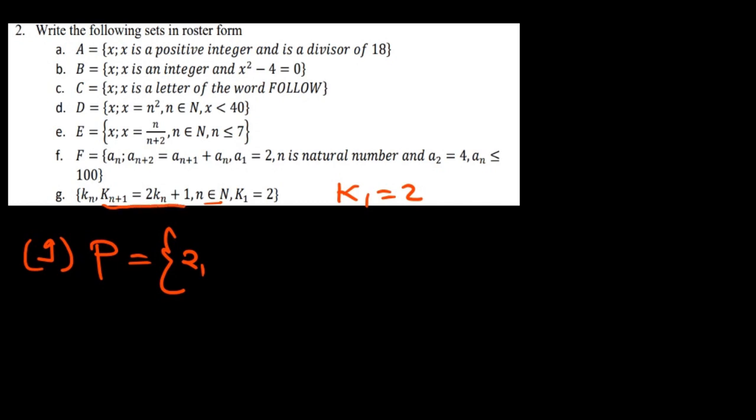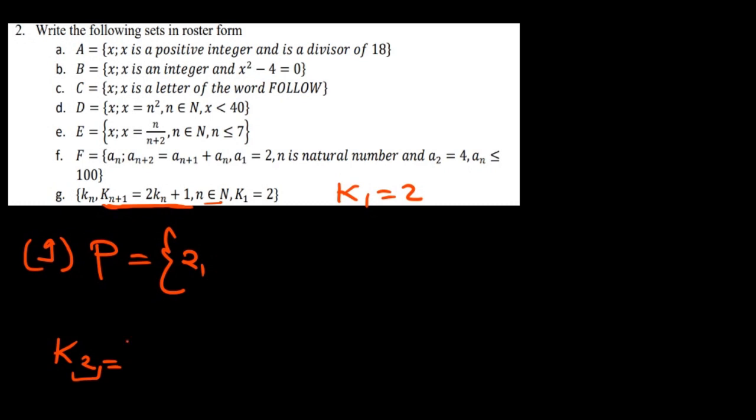So the next one will be k2. Since this one is k1, we want to find k2. So k2 will be equal to, and then we follow the pattern that we have here. If I have a number here, I have to split it into something plus 1.